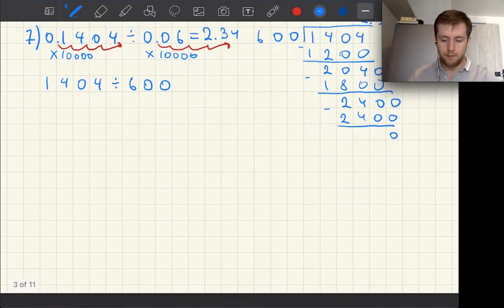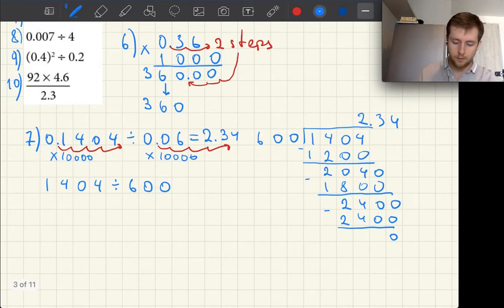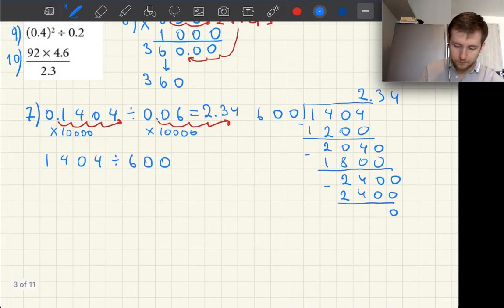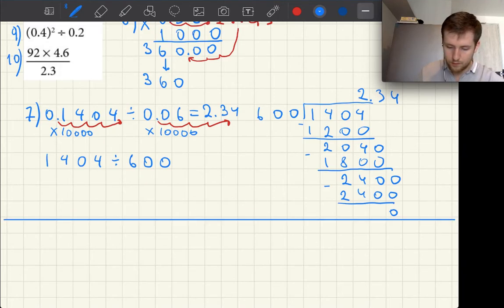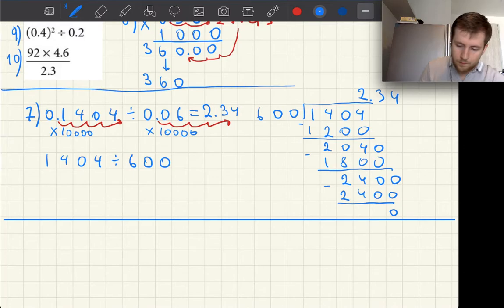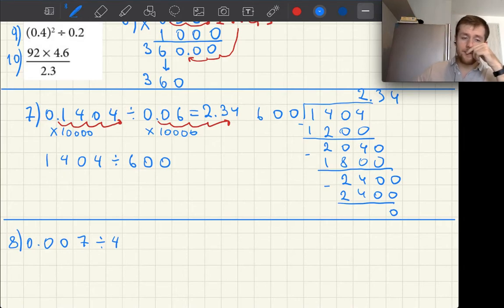The next one is a bit more interesting, I would say, 0.007. So I'm just going to try to separate this. Okay, number 8. 0.007 divided by 4. Again, we basically do the same thing.